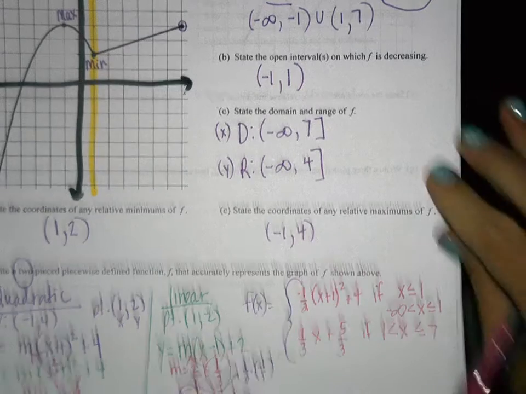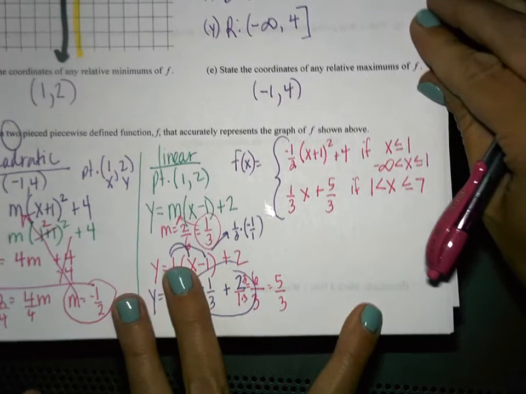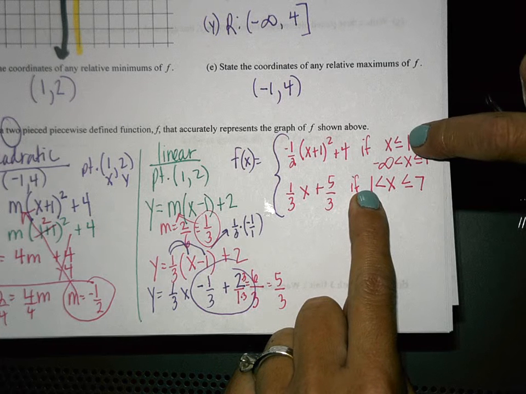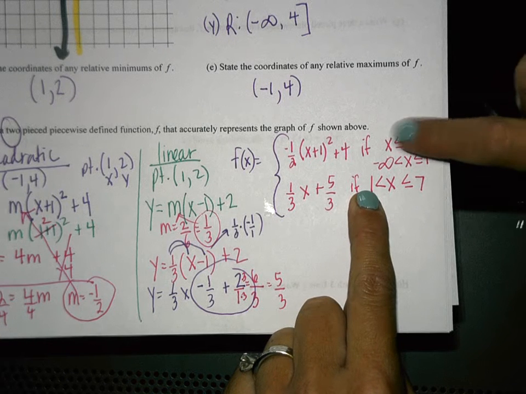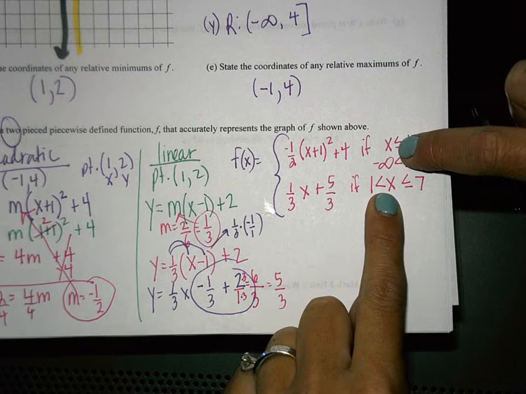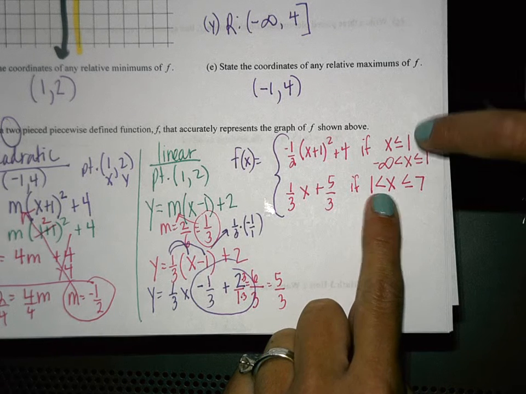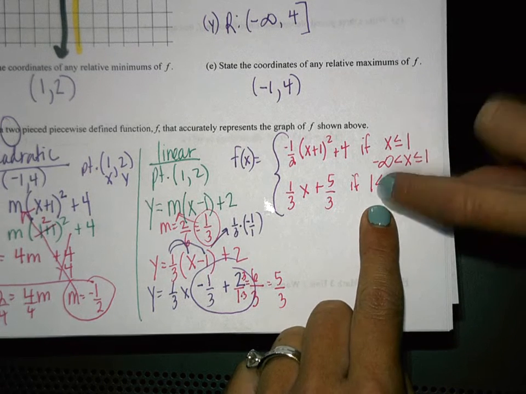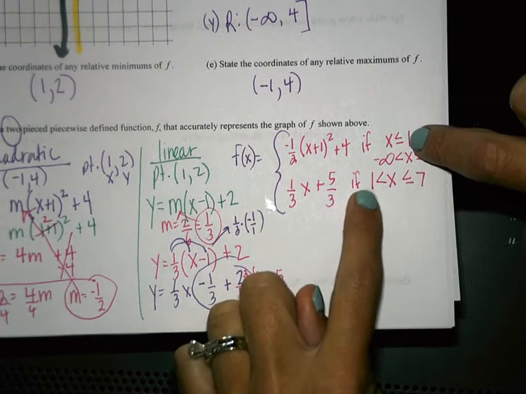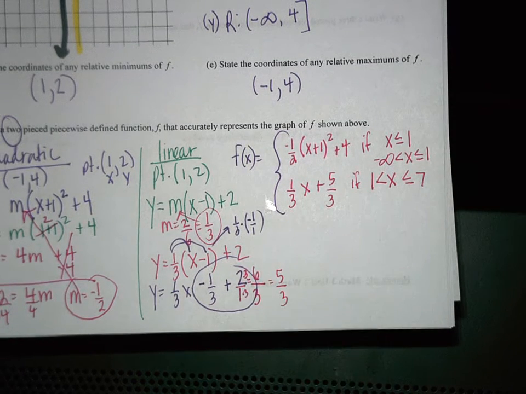Now, notice here, and this is what we were talking about before, when you have the same number in your piecewise function, one of the inequality signs can have the equal sign and one of them doesn't. On your test, if you put them on both of them, I'm not going to mark you wrong for Unit 1, but just know that one of them should only have the equal sign. Okay, any questions here before we move on? Nope? Okay.